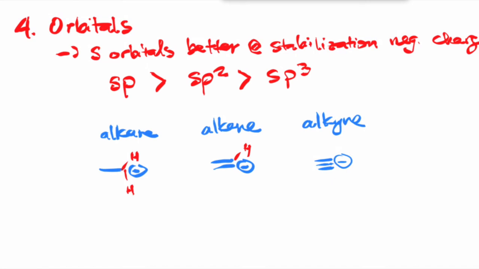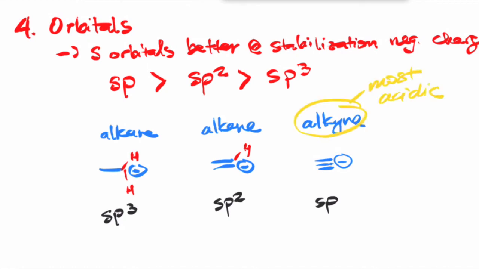And in the alkane case, the negative charge is on an sp3 hybridized orbital, right? And in the alkene, it is an sp2, and on the alkyne, it is an sp orbital. So again, the sp orbital is better at stabilizing that negative charge, so therefore the alkyne is going to be your most acidic molecule, whereas your alkane will be your least acidic.